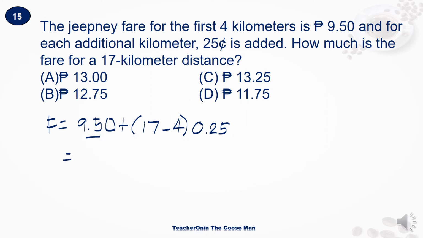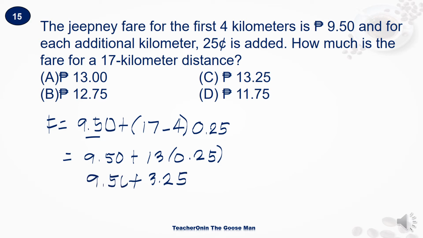We have 9 pesos and 50 cents plus the product of 17 minus 4, which gives us 13, times 0.25. Multiplying 13 by 0.25 gives 3.25. Add the value to 9 and 50 cents, and the final answer is 12 pesos and 75 cents. From our choices, the correct answer is letter B.